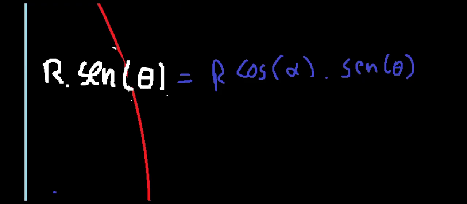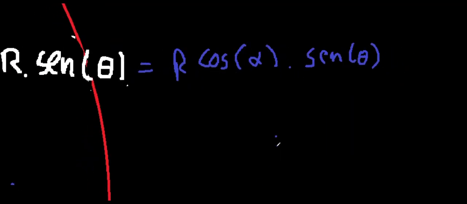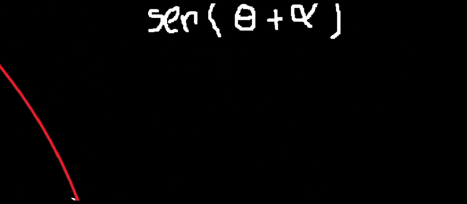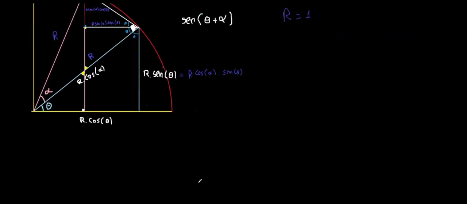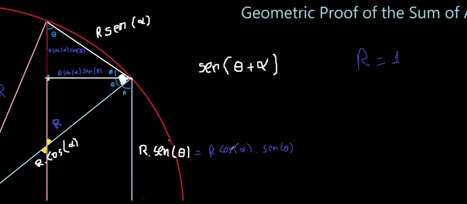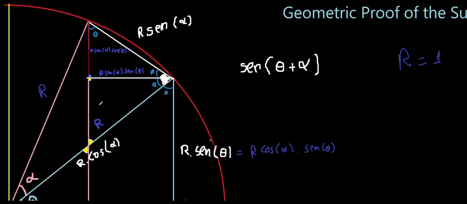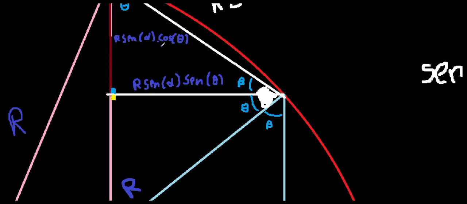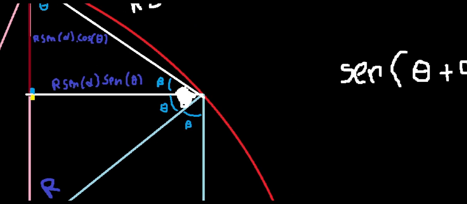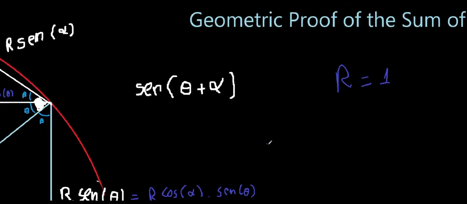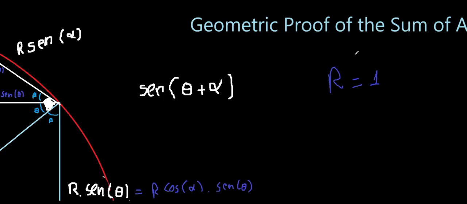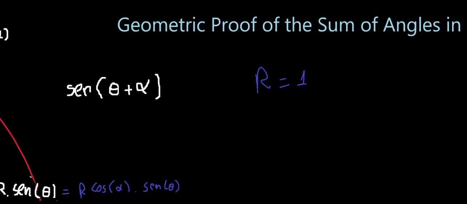Assuming that the radius is one, cosine alpha sine theta plus sine alpha cosine theta.